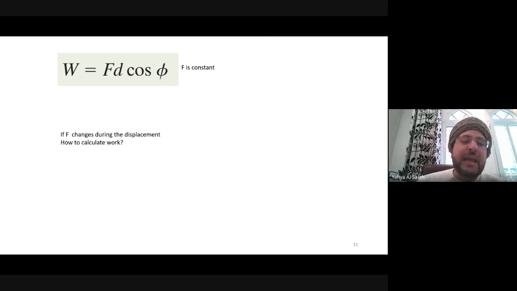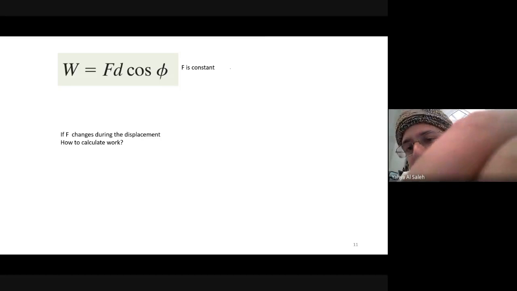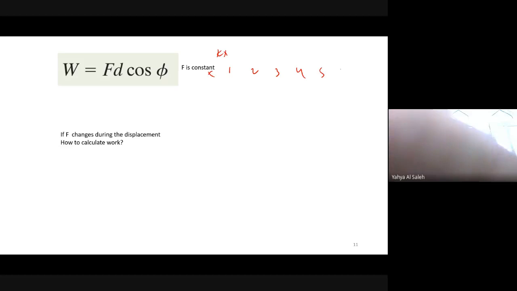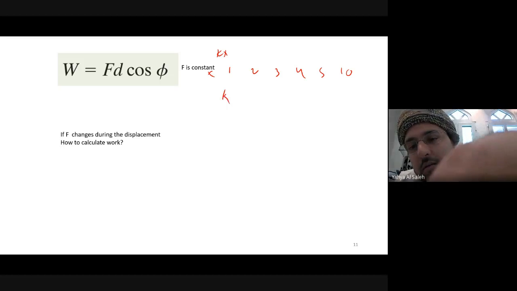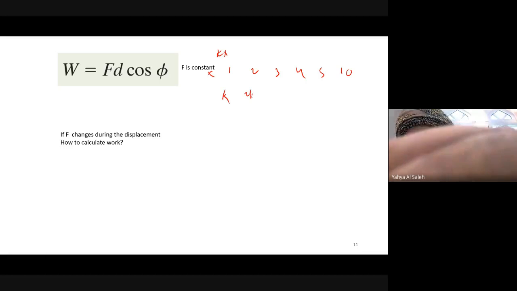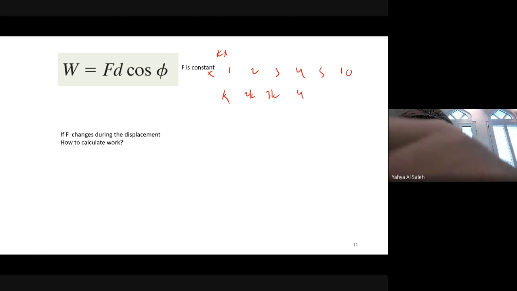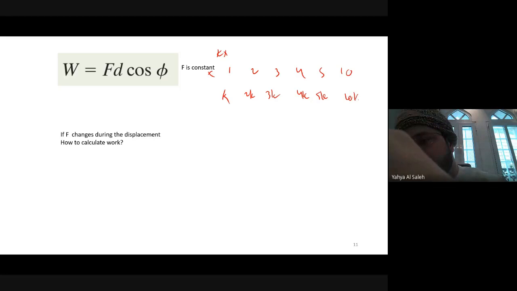But if my F is not the same, if it's dependent on position, my F is going to be different in every single instant of position. So when I am at position 1 and my force is kx, then at 2, 3, 4, 5, 10, my force is going to be k, 2k, 3k, 4k, 5k, 10k.